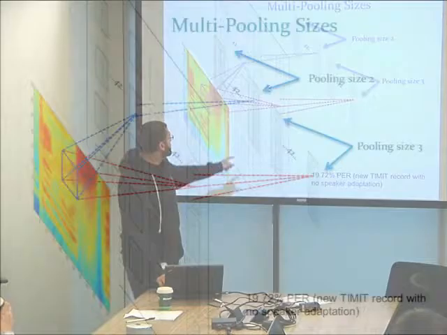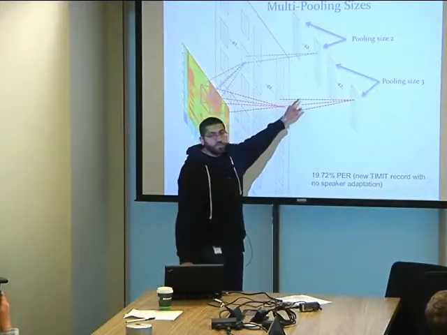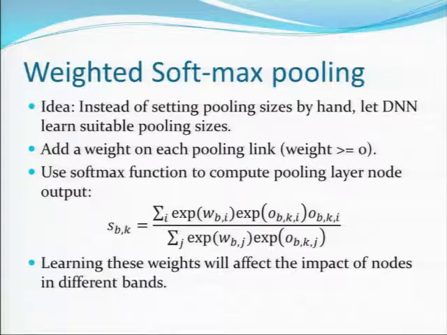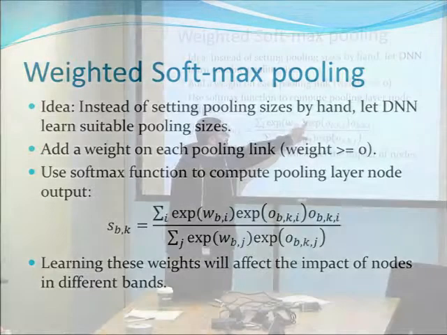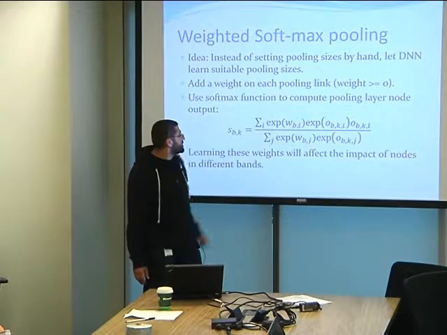In this figure, I just get the maximum, but for the softmax, each of these arcs will have some weight, and then the pooling output will be multiplied by this softmax weight, which is from 0 to 1.